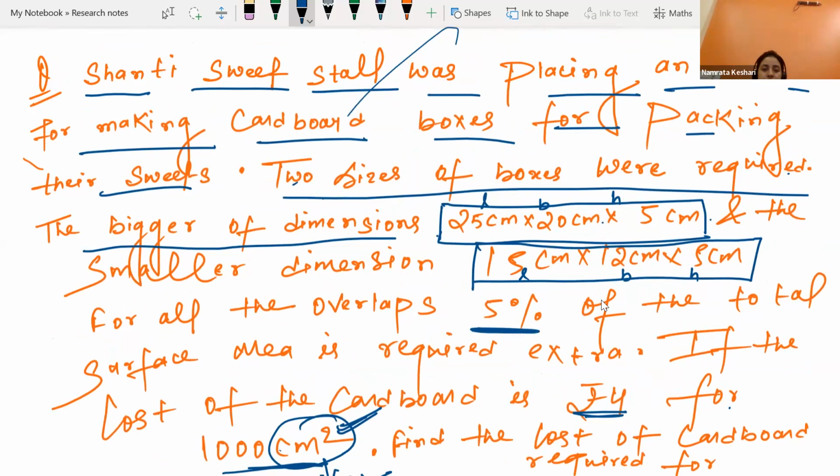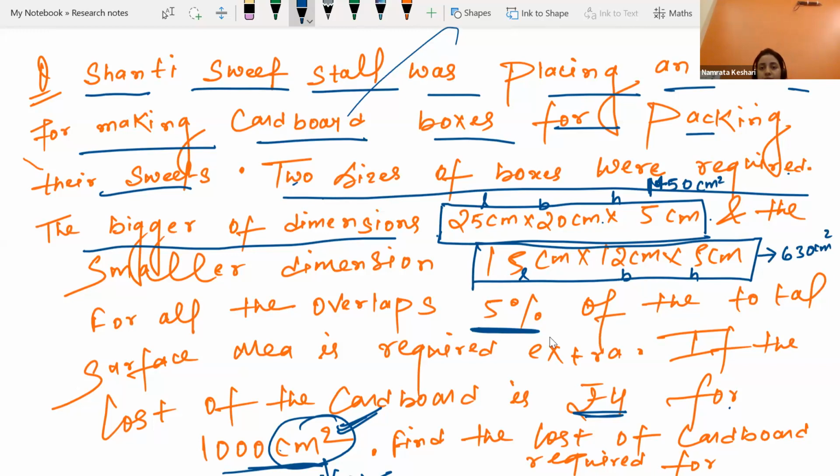Ma'am, 1450 and 630 centimeters square. Can you please repeat, Arhan? 1450, right? Yes, ma'am. And the next one, 630 centimeters square. These are the surface areas of the big box and the small box. After that, what have you done?